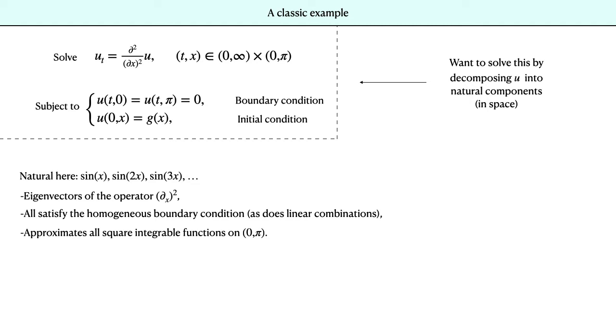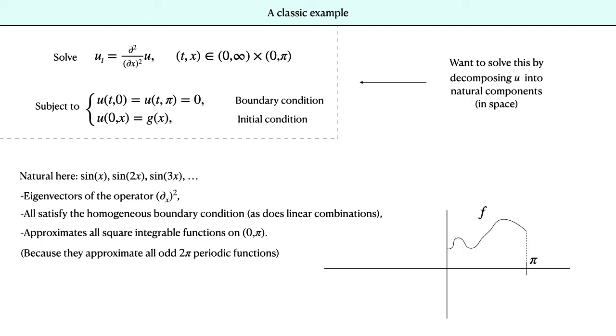But that actually implies that sines can be used to approximate square integrable functions on 0 to pi. It's because sine functions can approximate all odd 2 pi periodic functions.